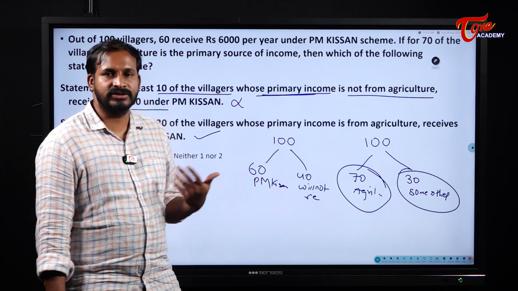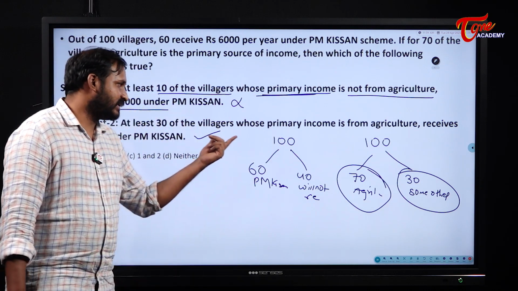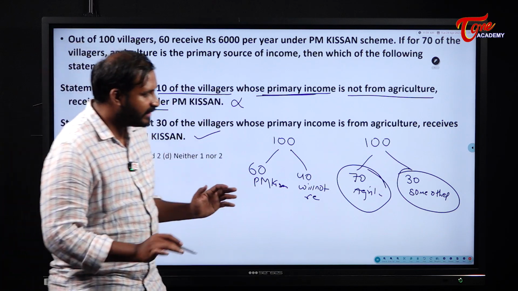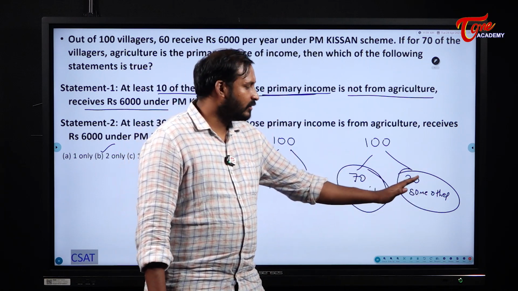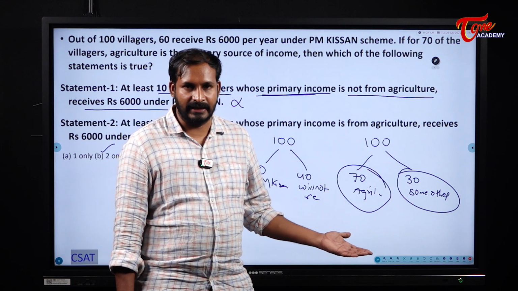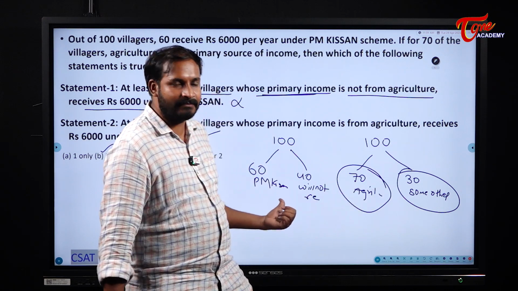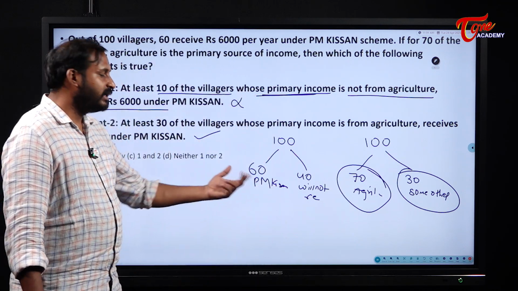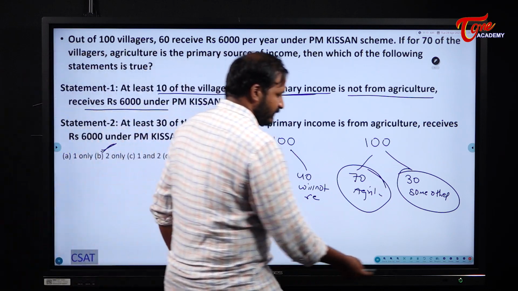No one may even get PM Kisan from that category. And the second one, at least 30 of the villagers whose primary income is from agriculture. So for the time being, assume that all the other people get PM Kisan. Then all the other people are how many in number? 30. So how many more people will get PM Kisan? 30 more people will get PM Kisan. So those 30 should obviously be from the agriculture background. So 2 only. The second one is correct for us here.